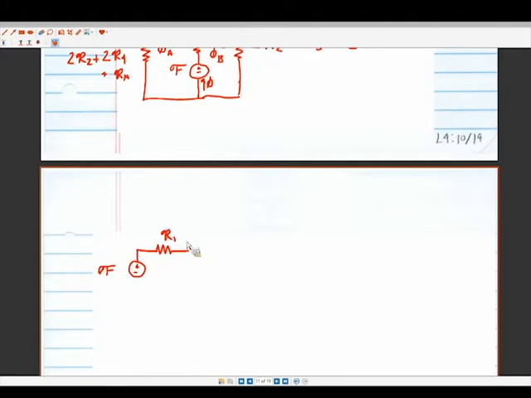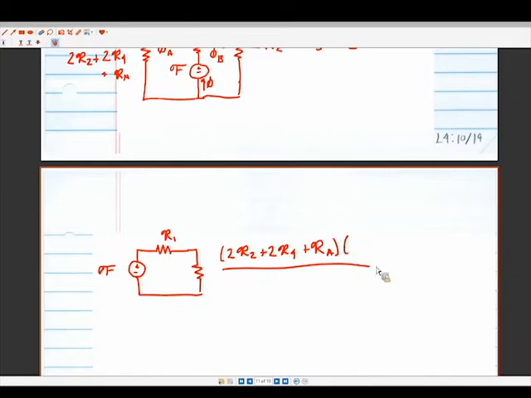So there's R1, and now I have the reluctance of the 2 parallel branches. This is going to get a little bit lengthy. All right, so this is the left branch multiplied by the right branch, over the sum of them.